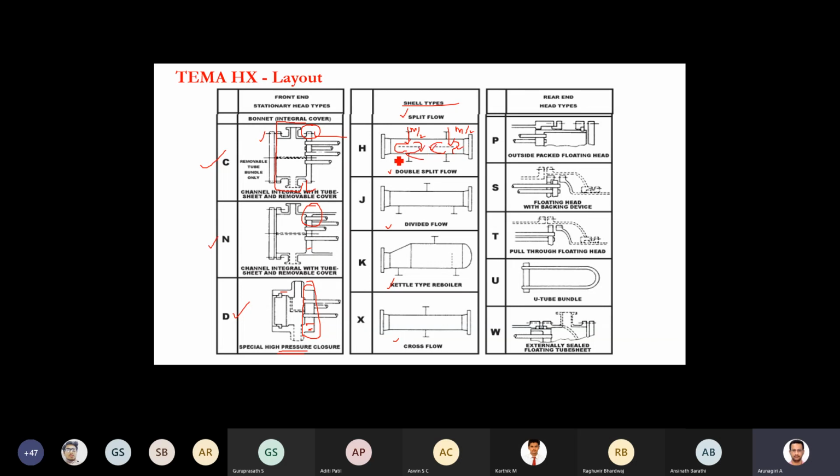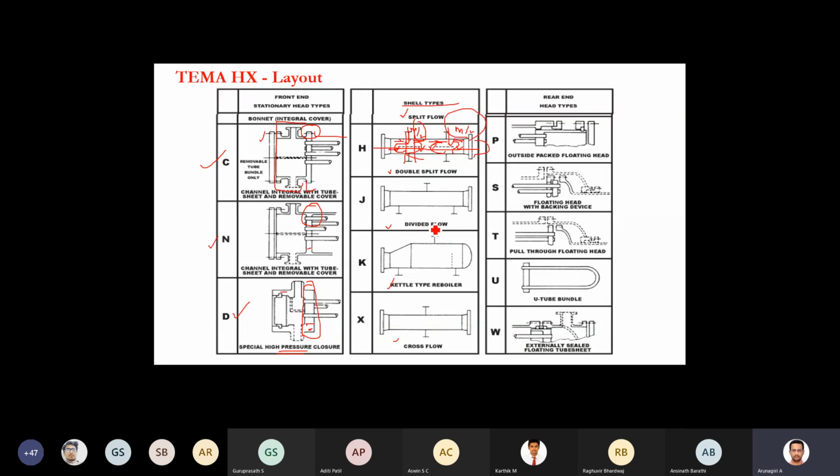What happens is the shell side and tube side fluid experience co-current here, counter current here, co-current, again counter current, co-current, this type of flow arrangement. If it is two tube passes, then again you provide a bonnet cover like this. Then the same thing is reversed on the other side of the exchanger. Again, this is called double split flow. Normally this double split flow will be used for very high flow rates.